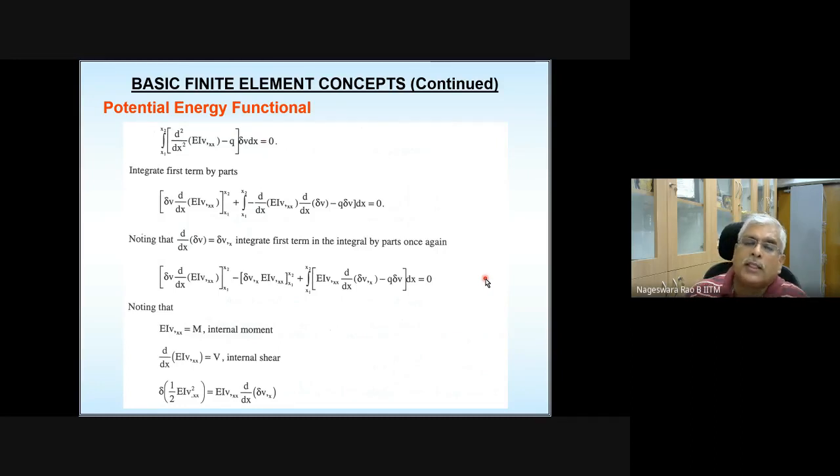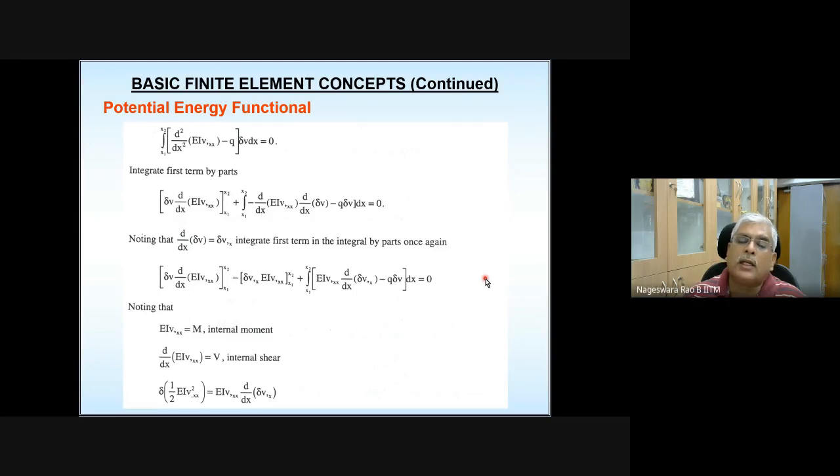And once again, what is the idea of integration by parts? The idea is that instead of integrating or differentiating a particular quantity more number of times, we can transfer the differentiation to the other term. By doing it, the demand on the trial solution is going to reduce.